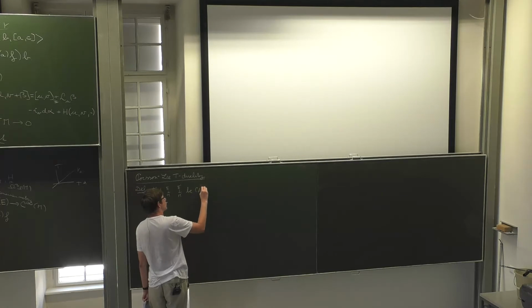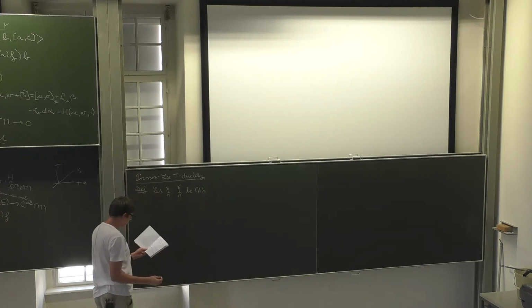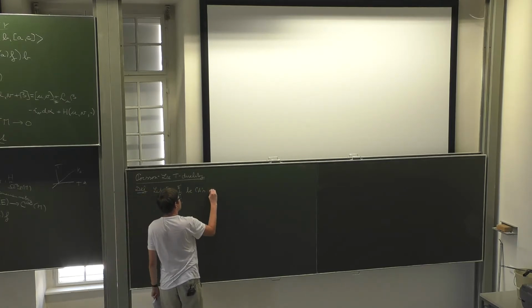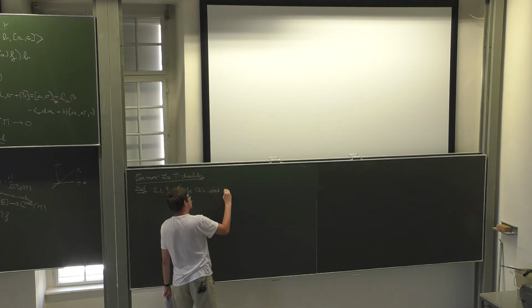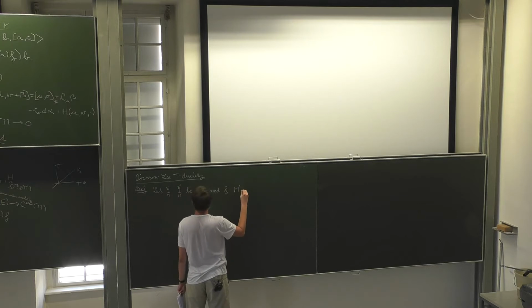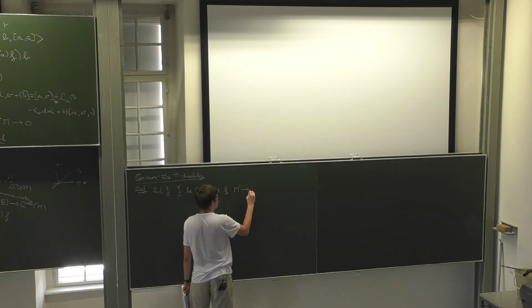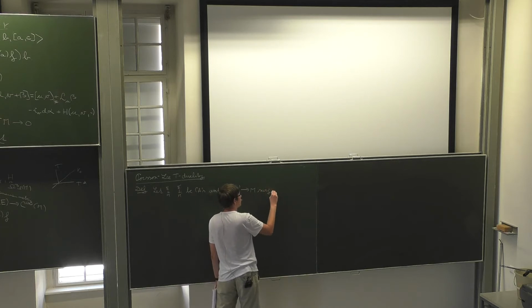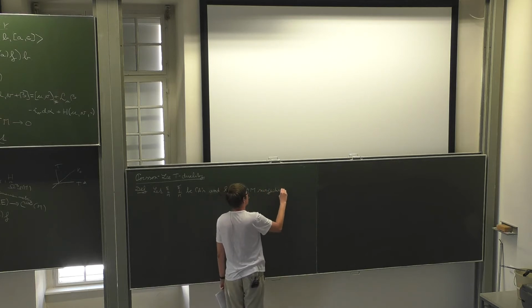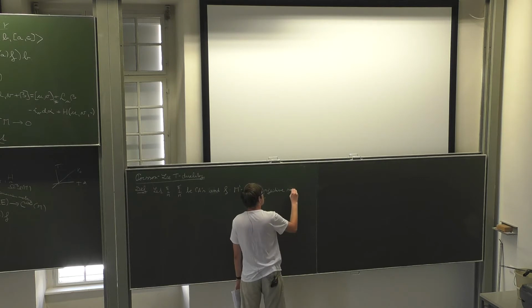So these are two Courant algebroids. And suppose we have a map F that goes from M prime to M, and that this is a surjective submersion.